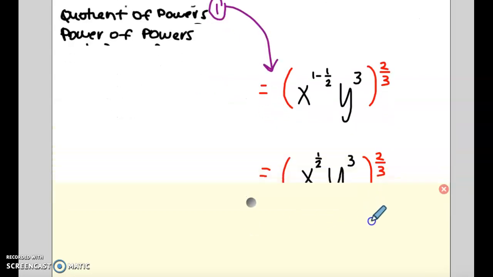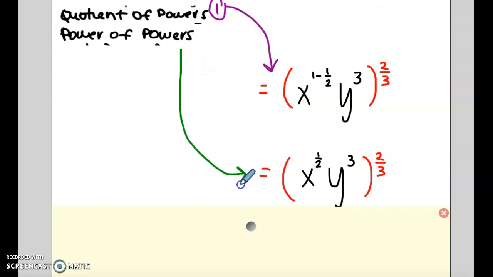So now I'll do some simplifying, right? 1 minus 1/2 gives me 1/2. And here is where we can use power of powers and power of a product, where when I see nothing else can be simplified on the inside, we're going to go ahead and distribute that 2/3 to my exponents in the parentheses.